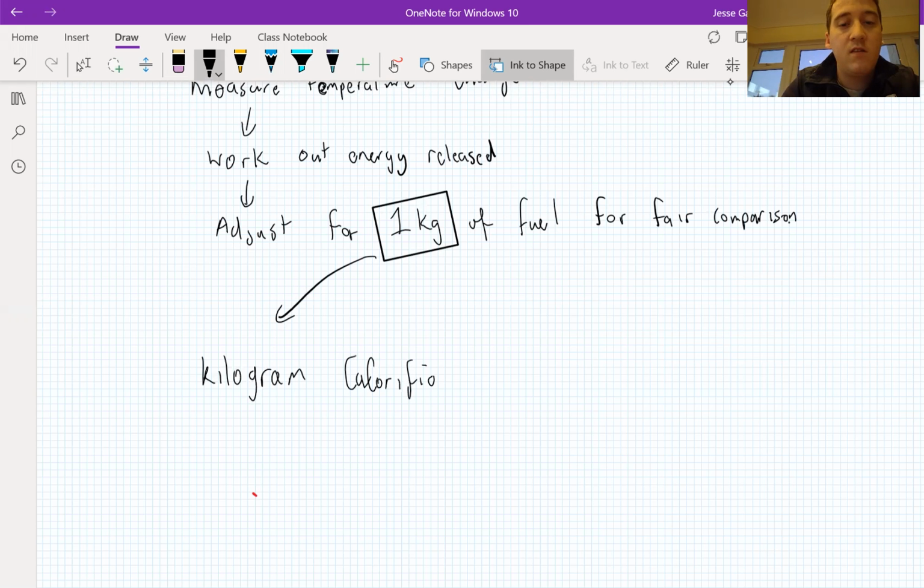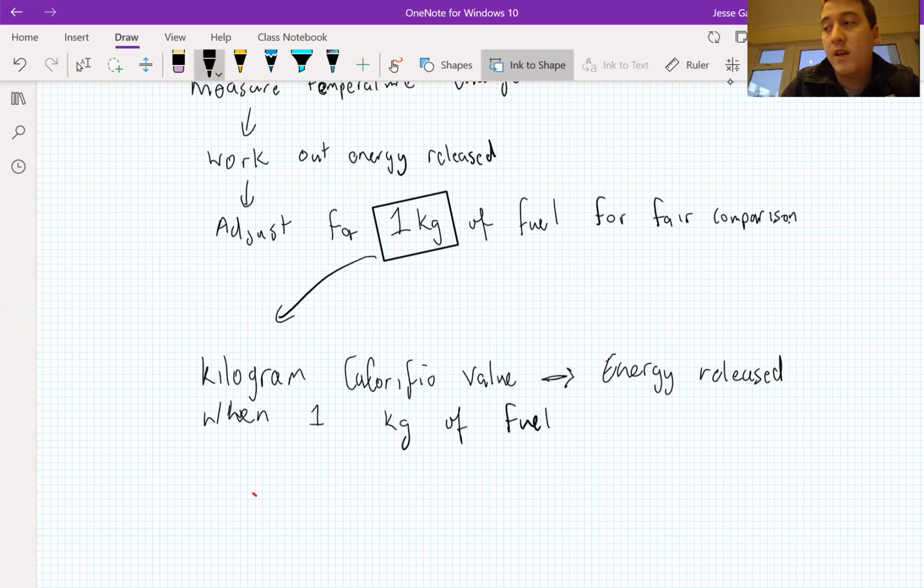So you can be asked this definition, guys. So that's why I'm telling you about it. The kilogram calorific value, what is it? It's the energy released specifically when 1 kilogram of fuel is completely combusted.